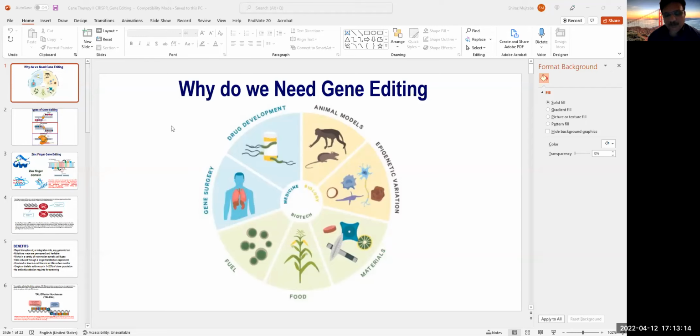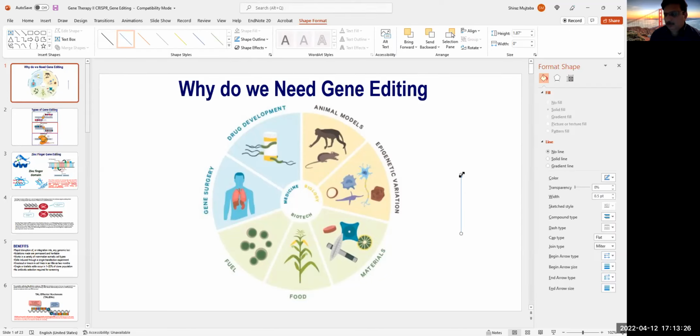Likewise, gene therapy also, the motivation was to treat human diseases, but it diversified, and because people know its potential, people try to weigh the potential of this technology and use it in different areas. For example, in generating plants for biofuel, reducing the cost of food, more effective medicines.